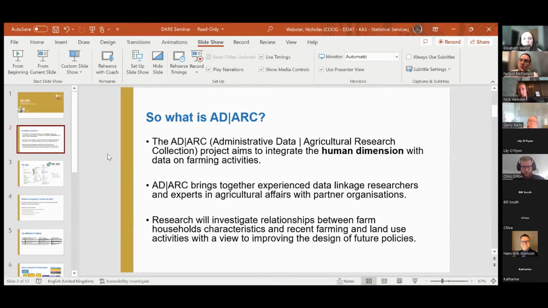So we bring together experienced data linkage researchers and experts in agricultural affairs with partner organisations across the UK. And research will investigate relationships between farm household characteristics, recent farm and land use activities with a view to improving the design of future policies.